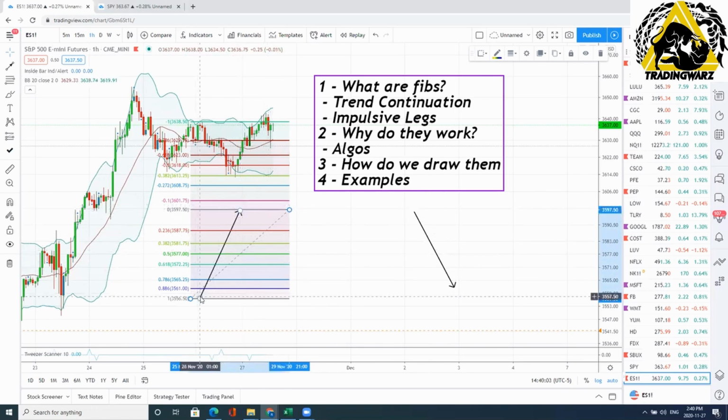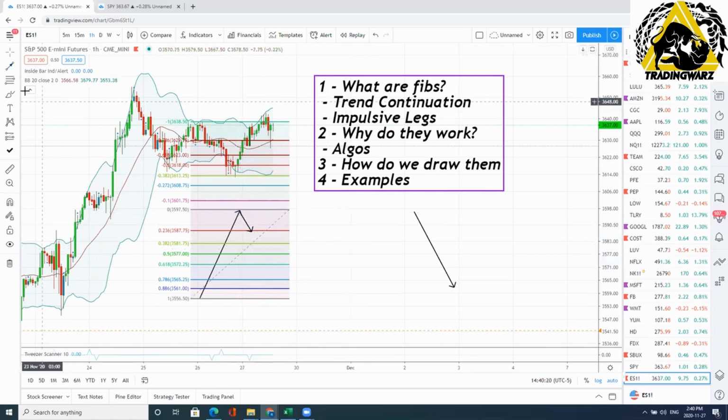With this retracement, the major levels that we want to look for are here. The 236 is a very shallow retracement. That retracement would look like this. Normally I don't like using that retracement because it's not deep enough. The money retracements are really the 50 and the 618. Those are the money retracements.